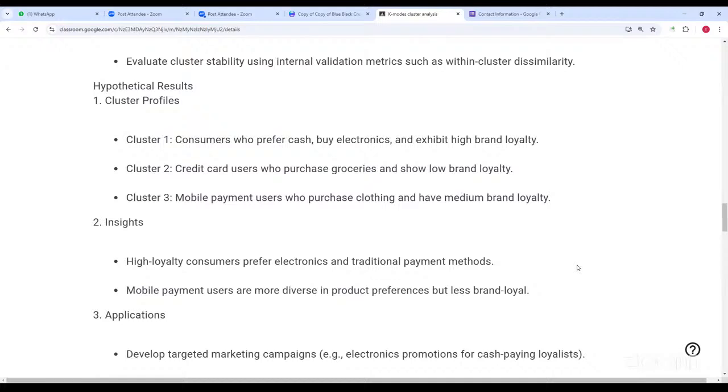Cluster 2: credit card users who purchase groceries and show low brand loyalty. Cluster 3: mobile payment users who purchase clothing and have medium brand loyalty.